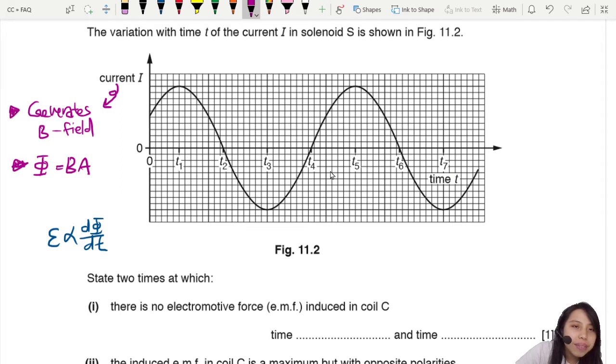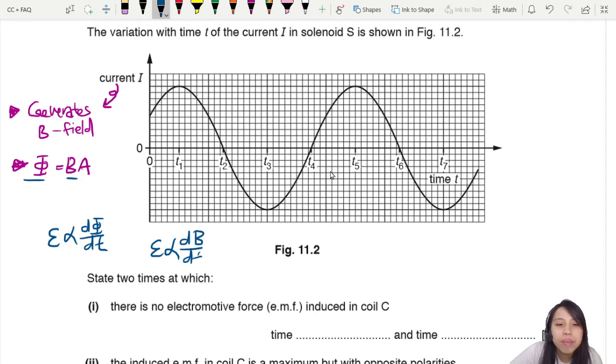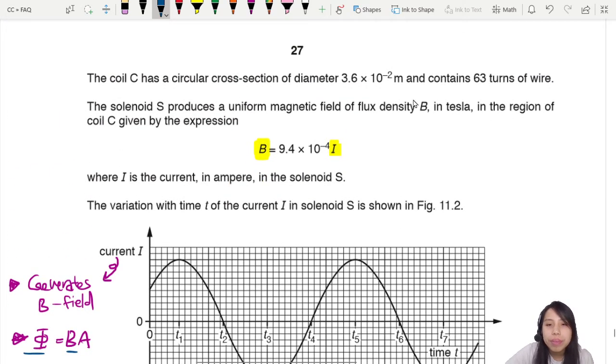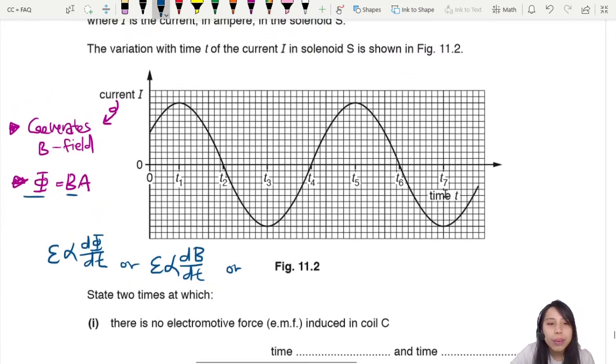You can say that, well, since flux is proportional to B, you could change this equation and say EMF is proportional to dB dt. Sure, we can say that. Or we can also say, hey, since B is proportional to I, since that's given to us here, from this fancy equation, that's all. So we change our equation a little bit.